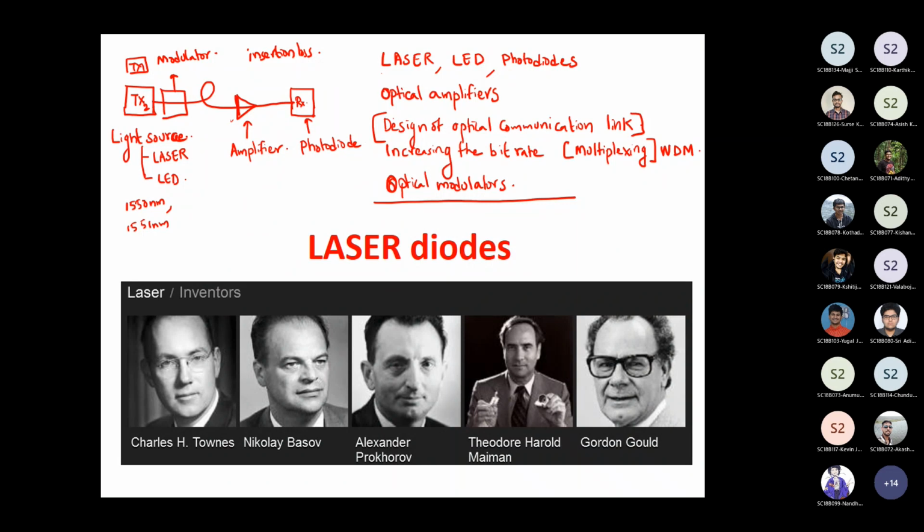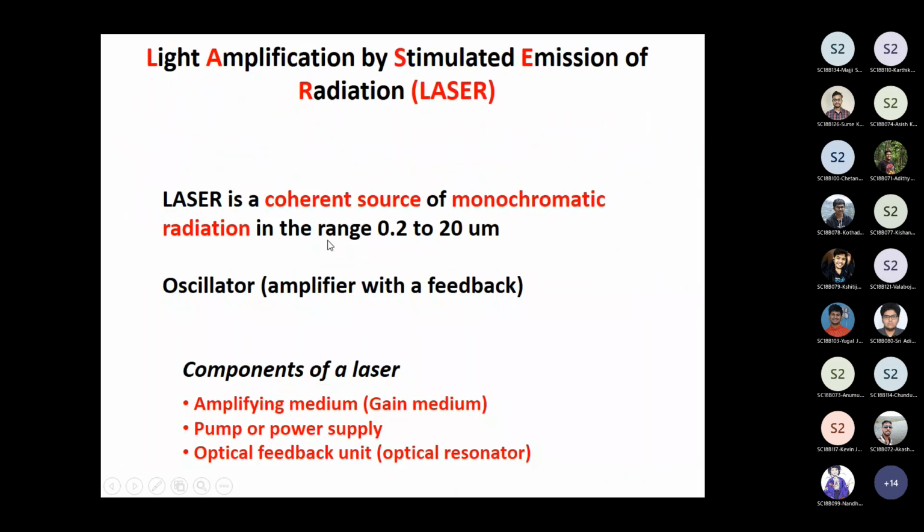Some of the slides are going to be common with what we discussed in our third semester when we covered semiconductor devices, so I'm going to skip some of the initial slides on laser diodes. Just as a recap, laser is an expansion of light amplification by stimulated emission of radiation.